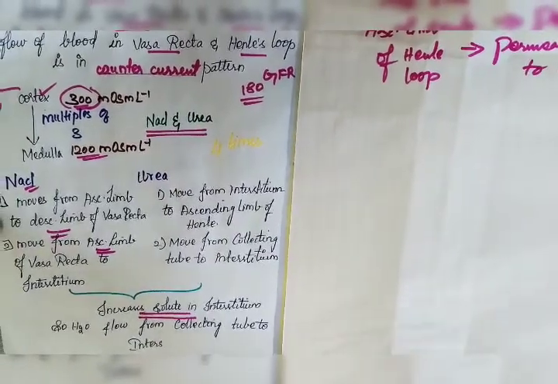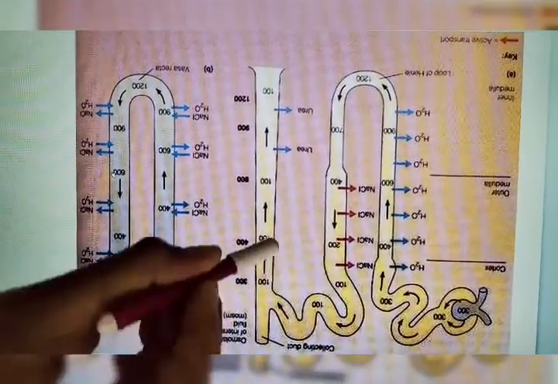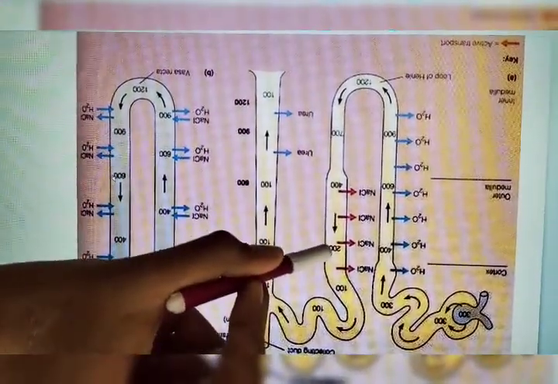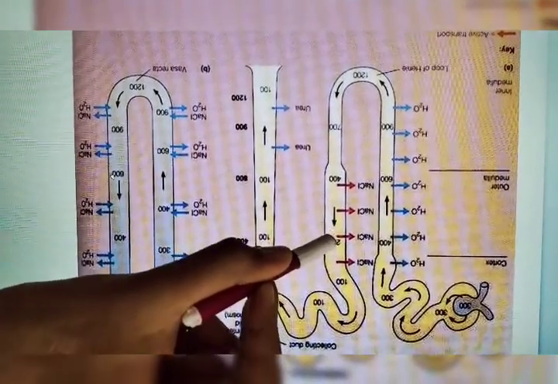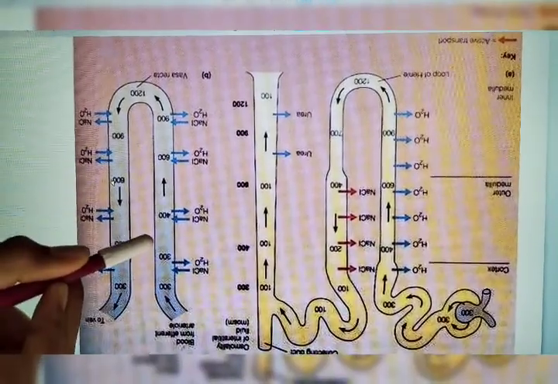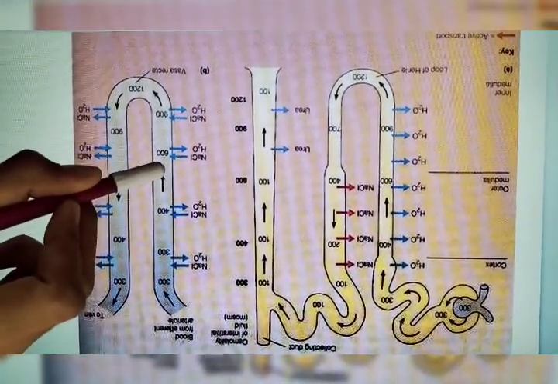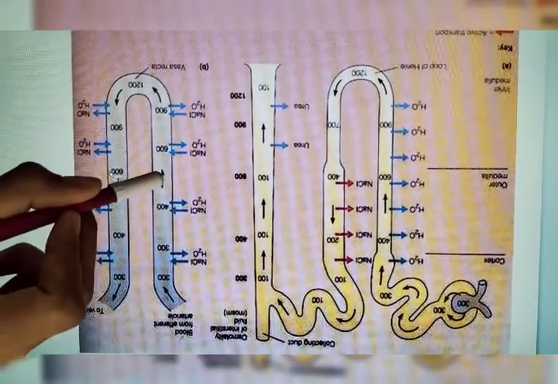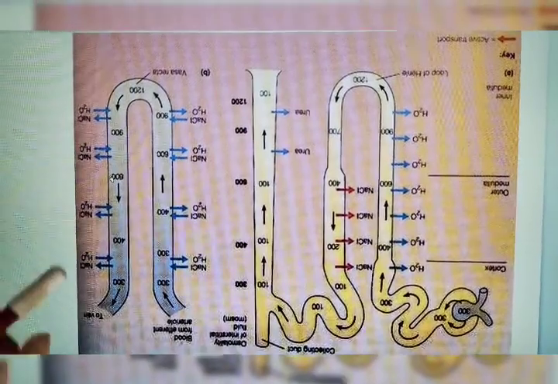So we will see this in the picture. This is the ascending limb of our nephron, correct? Here the sodium chloride is lost, and the descending limb of the vasa recta gains the sodium chloride, and again the ascending limb loses sodium chloride to the interstitium.